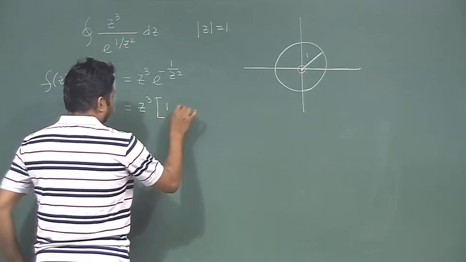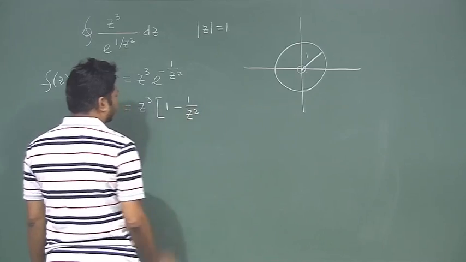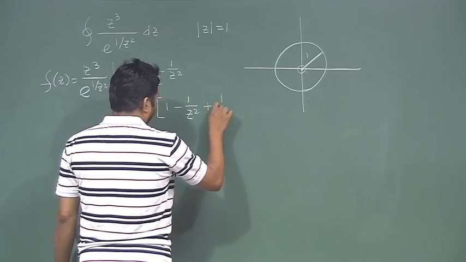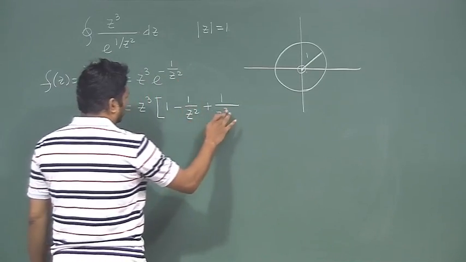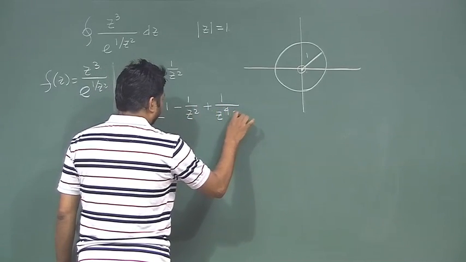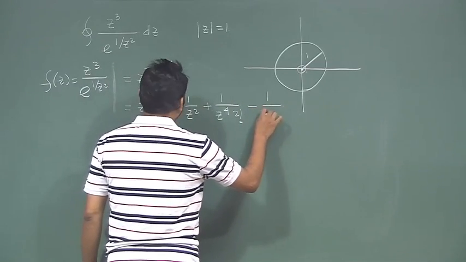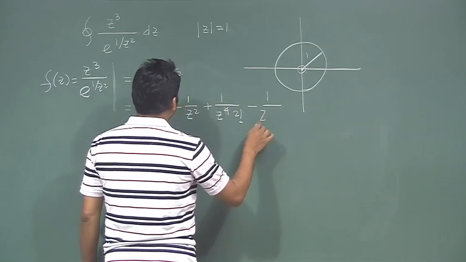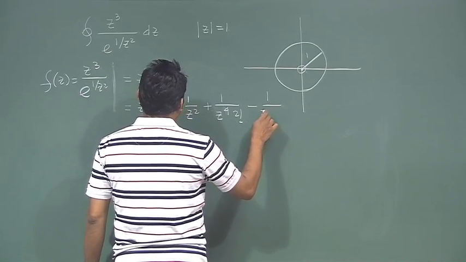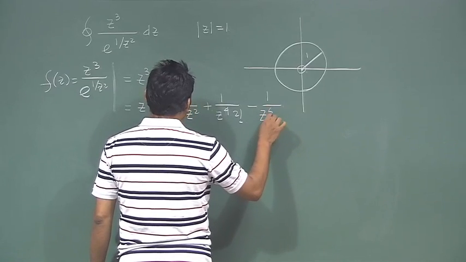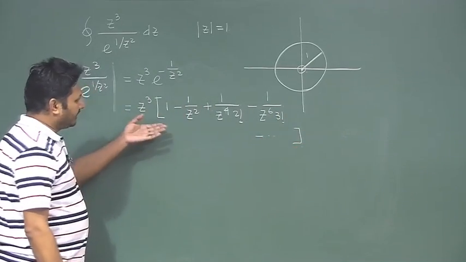First term will be 1, second term will be minus 1 by z squared, third term will be plus 1 by z to the power 4 over factorial 2, mind it, it is squared. The third term will be minus 1 divided by the cube of this term, so it will be z squared whole cubed, over factorial 3, and so on. This will be my series.